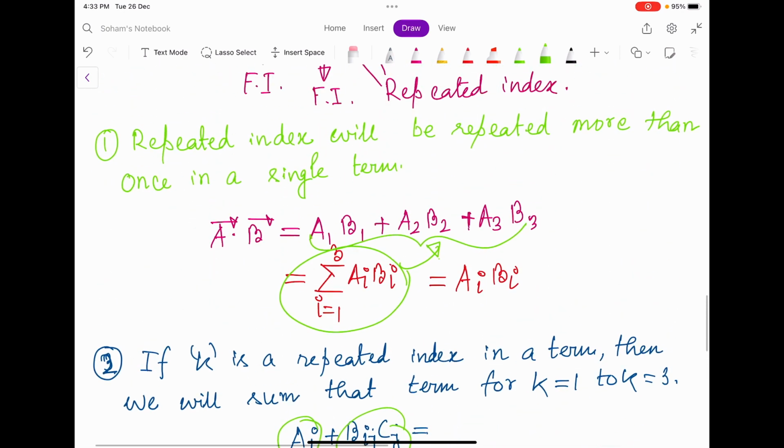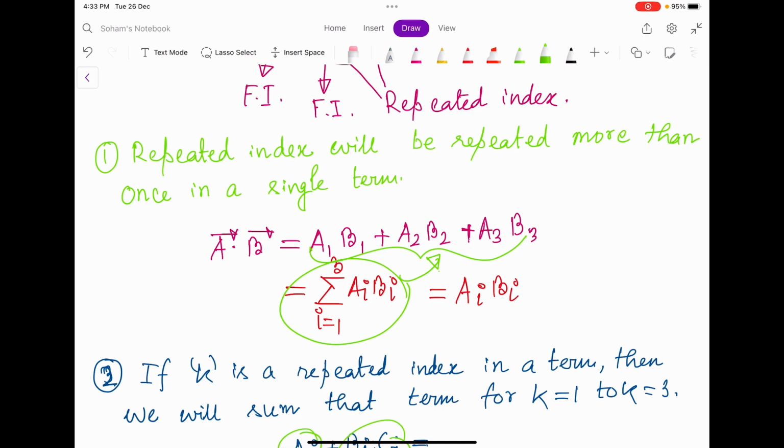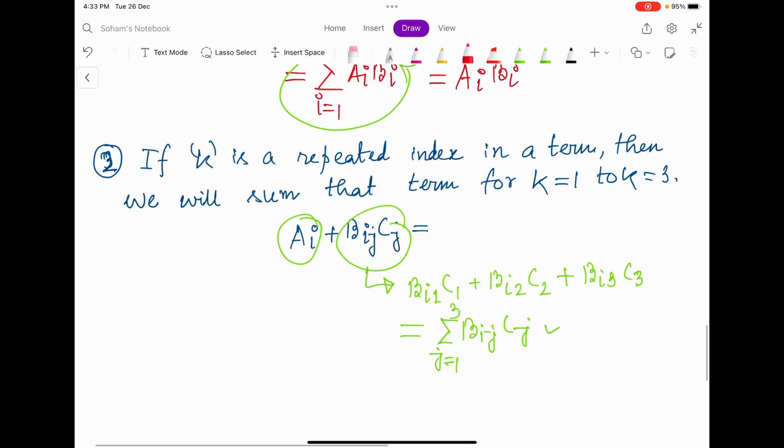And one more thing I would like to emphasize on, that is this repeated index need not be repeated only twice, it can be repeated thrice or four times or five times, anything.